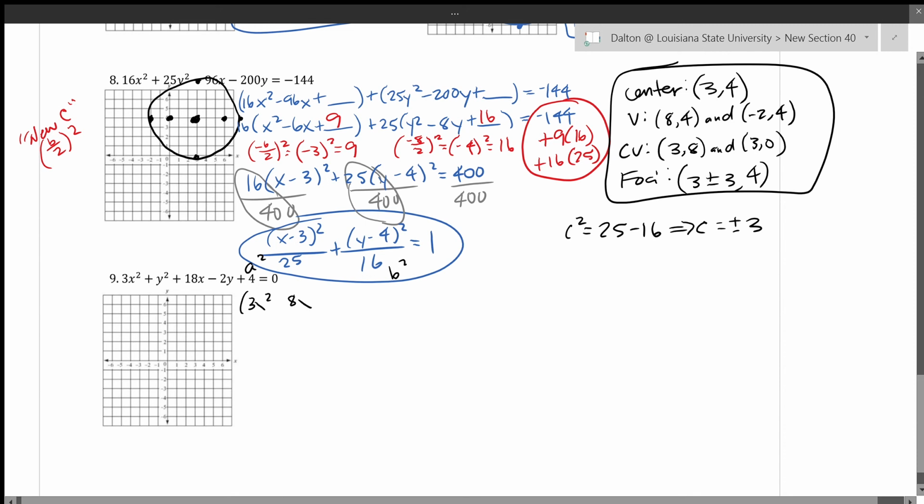Why does it do this? Sorry, some technological issues here. Okay, let me try again. 3x squared plus 18x plus we don't know what our new c is going to be. I don't know if y'all can see it. When people watch the video, they're definitely going to see it.